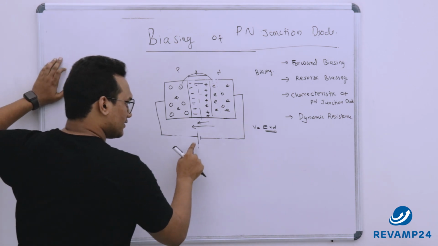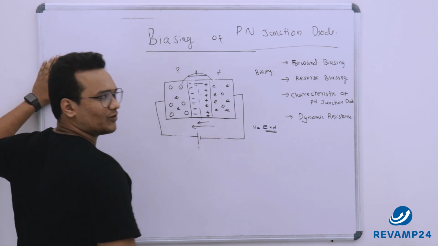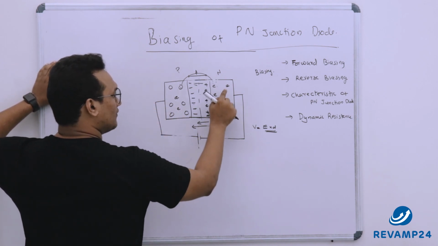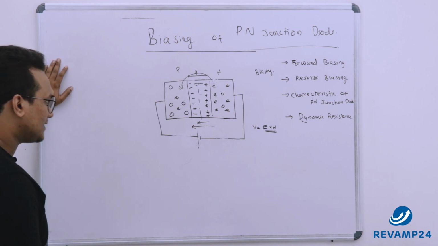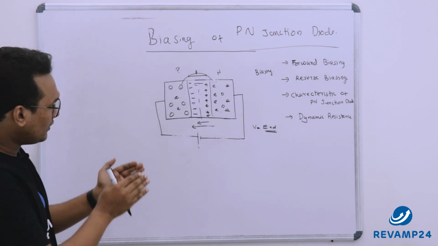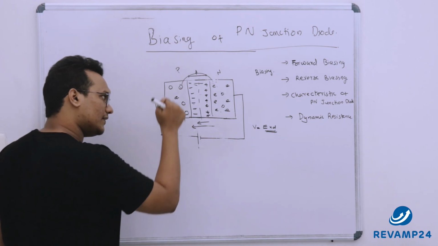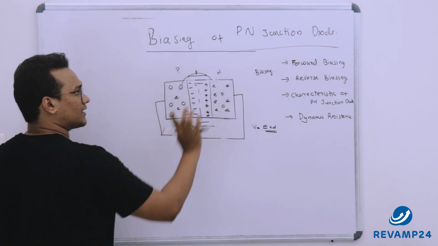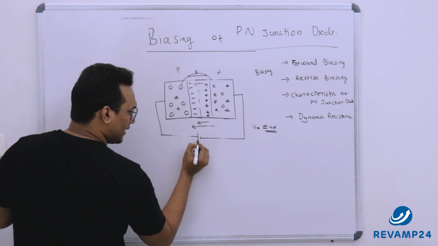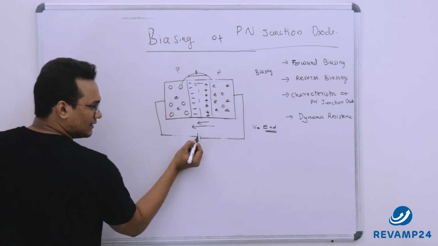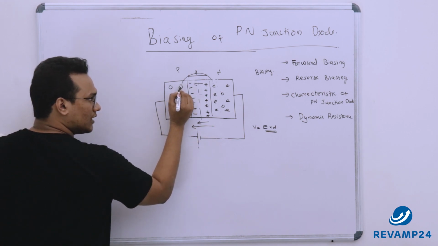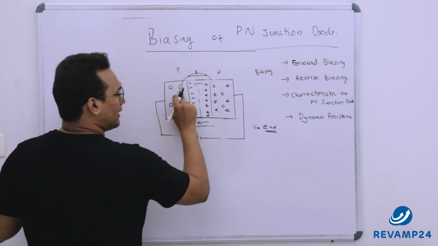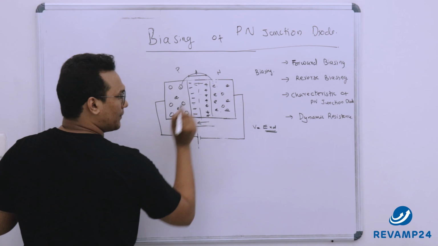Now here we are connecting a cell in forward bias, which means the positive terminal with p-type and the negative terminal with n-type. What will happen? If this PN junction diode is permitted to conduct, the positive terminal of the battery will push the holes in this direction, and the holes will cross the barrier potential, go here, and recombine with an electron.